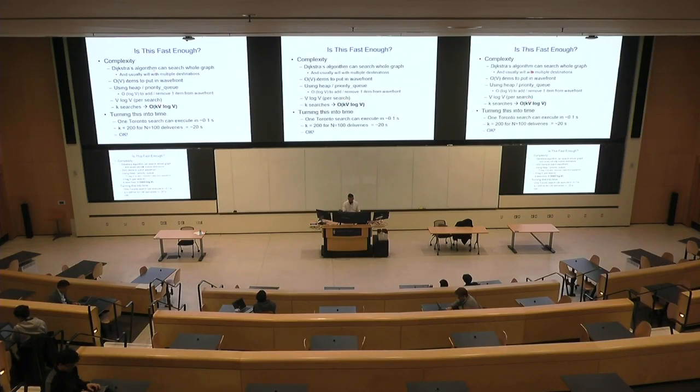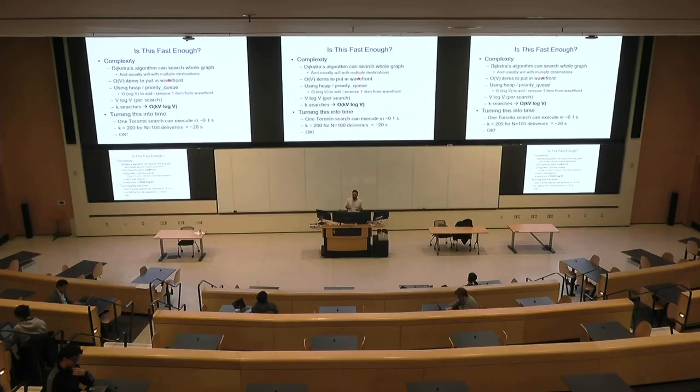Let's see. Dijkstra's algorithm can search the whole graph. Oops, I actually should have asked you this question, but now I'm showing it. So Dijkstra is going to search the whole graph, and usually it will with the multi-destination Dijkstra. You can keep going until you finish all of the map. You don't have to stop at just the intersections of interest. And what do we know here? We know that there are O of V items to put in the wavefront.